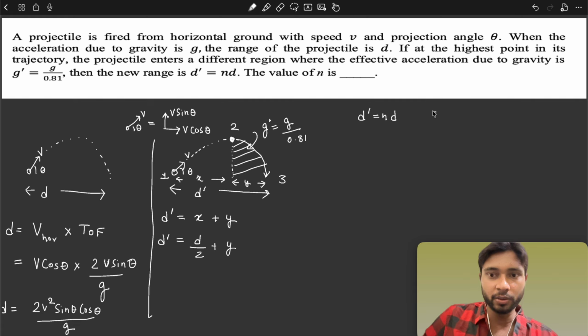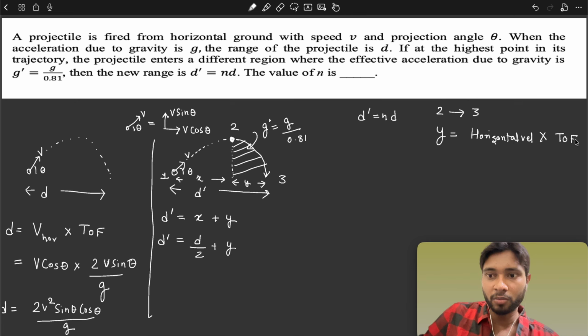From point 2 to point 3, if I have to calculate the horizontal distance y, I have to get the horizontal velocity multiplied by the time of flight from 2 to 3.